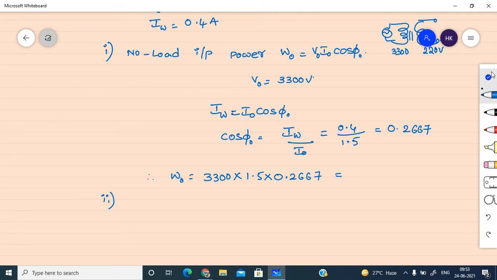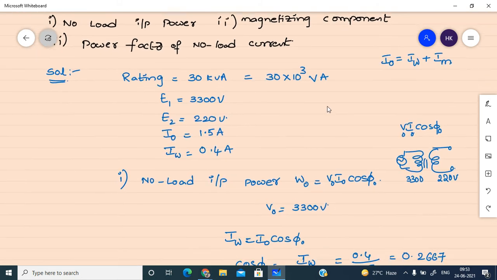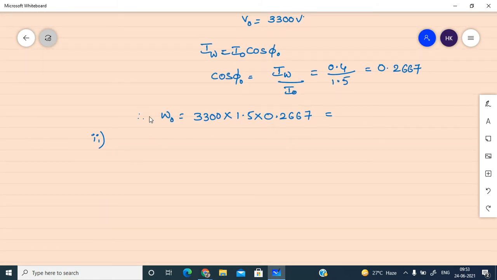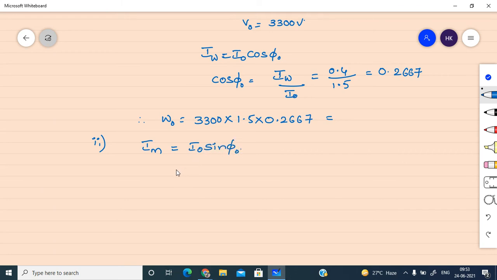The second one, what do we have to find? The magnetizing component. That means IM we have to find out. Magnetizing current IM is equal to I naught sin phi naught. This is the formula for IM. See, the cos phi naught value we know, that is 0.2667. So from that find out phi naught.